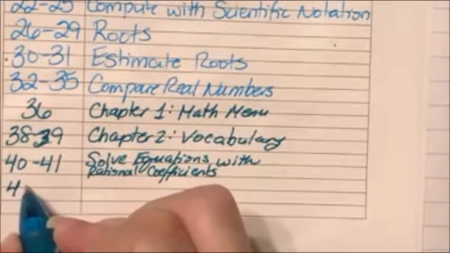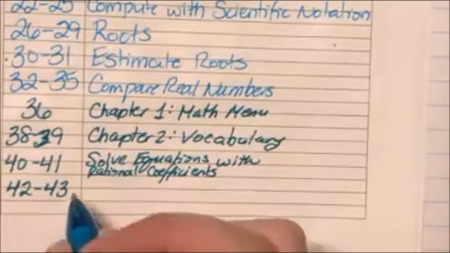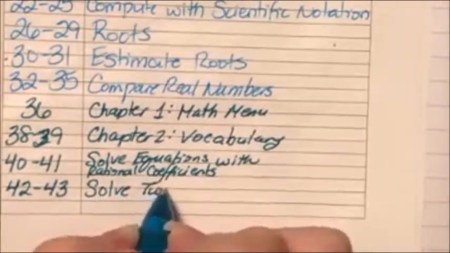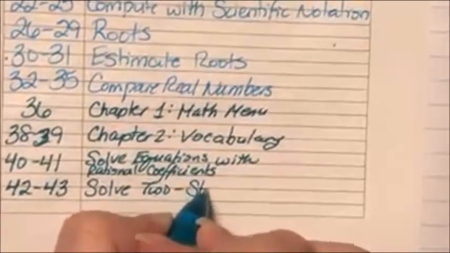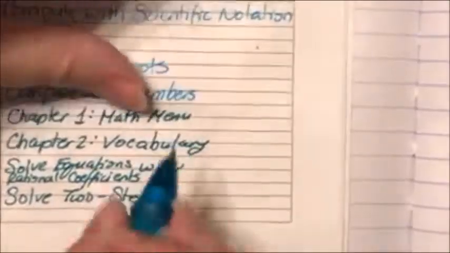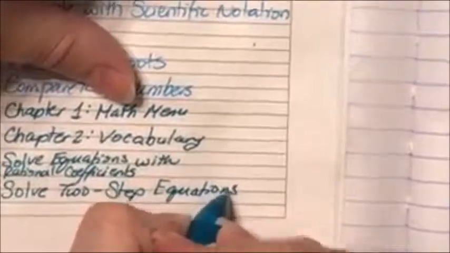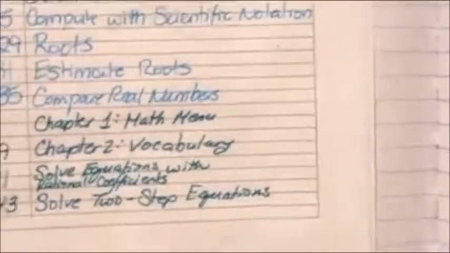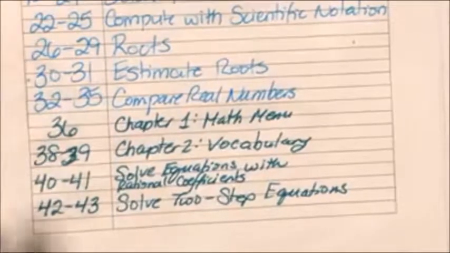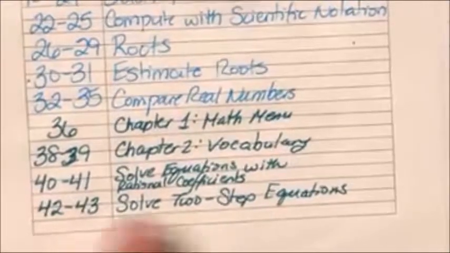42 through 43 was solve two-step equations. 42 through 43 was solve two-step equations. Okay, I've run out of room. I only have one left, so I'm going to leave that blank and go to the next page.